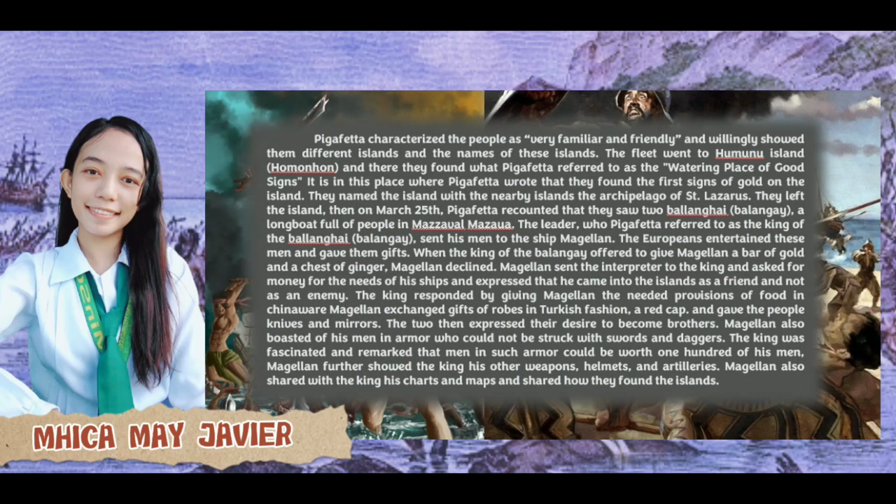islands. The fleet went to Homonhon, and there they found what Pigafetta referred to as the watering place of good signs. It is in this place where Pigafetta wrote that they found the first signs of gold on the islands. They named the island, with the nearby islands, the archipelago of San Lazarus.